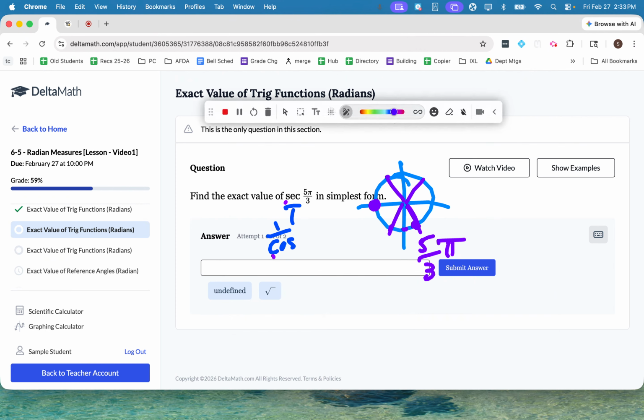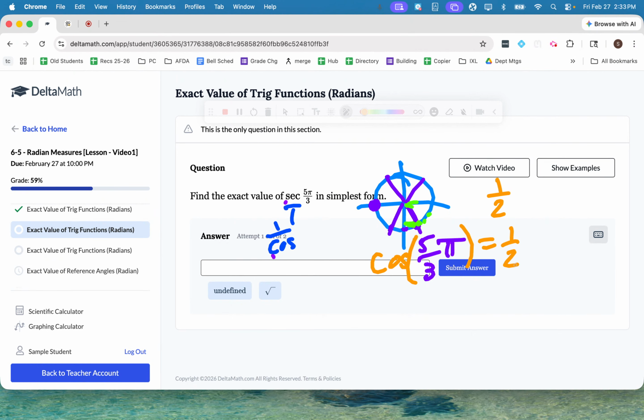So cosine, I'm eyeballing kind of how far this is from here, these two lengths. That's the short one, because it'd be longer if it was here, it would be longer still if it was there. This is the short. So that short length is 1/2. That's for cosine. Cosine is 1/2.